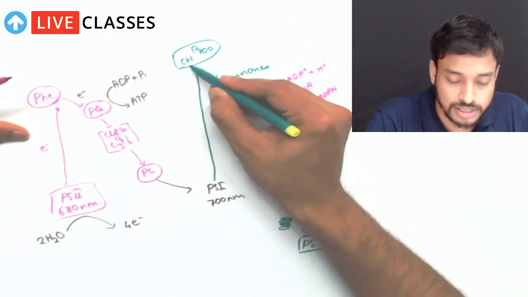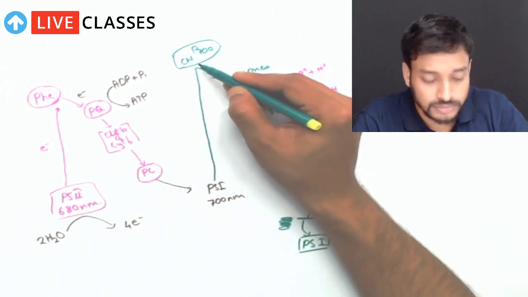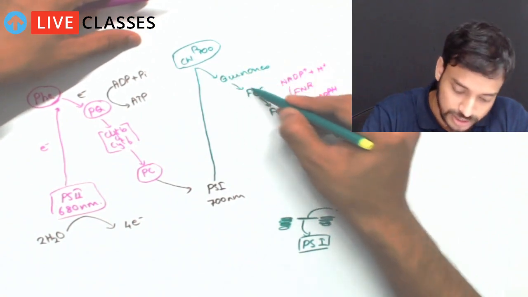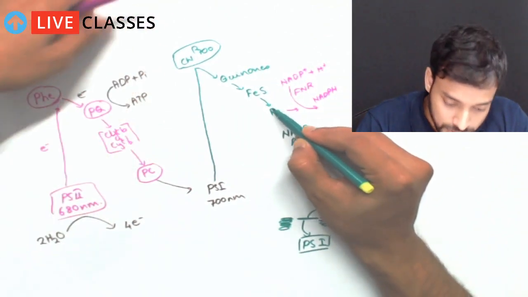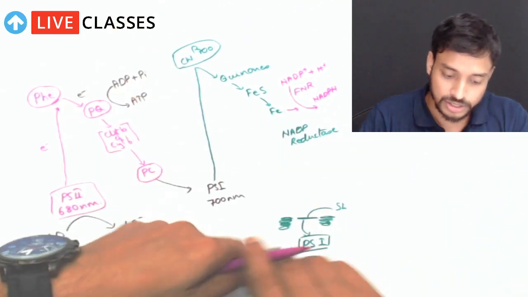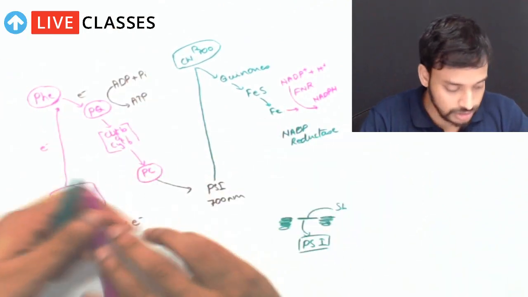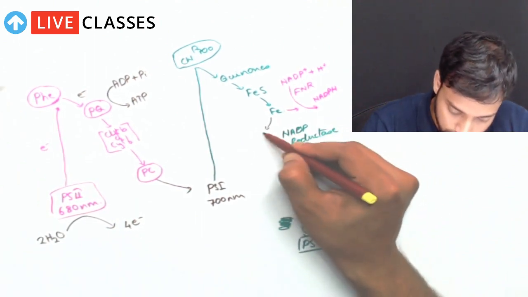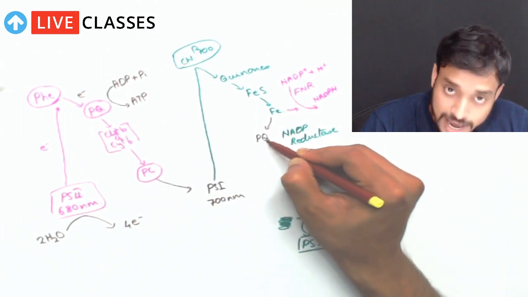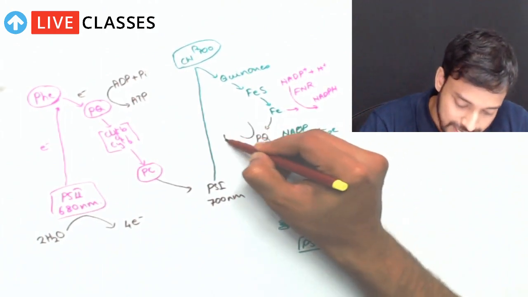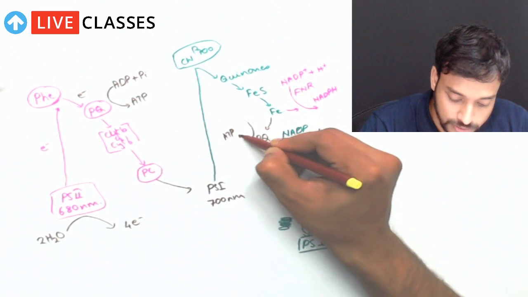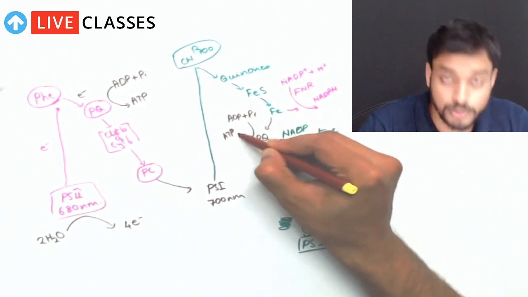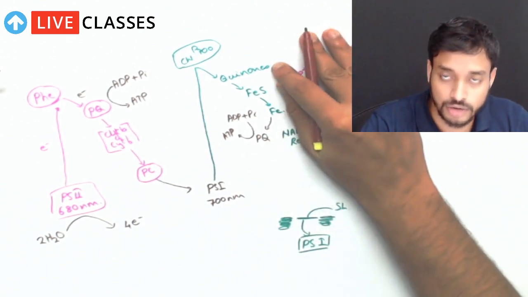They are passed over here, and it follows the same sequence, like from this ferredoxin it transfers to, I'll use a different color, maybe this brown one, plastoquinone, and in this plastoquinone ATP is produced and not NADPH, correct? ADP plus Pi, so it produces ATP, and this part of the reaction is not happening.